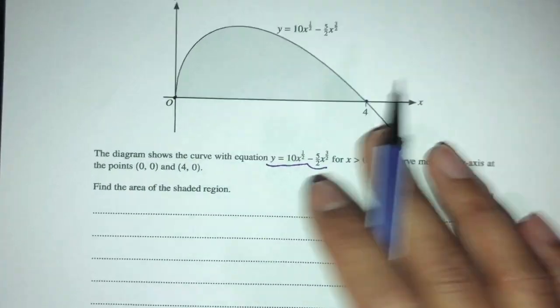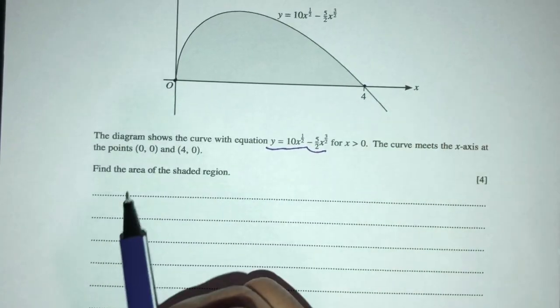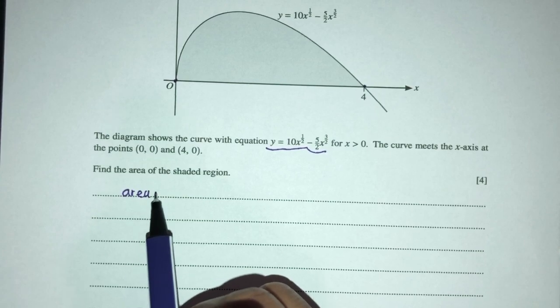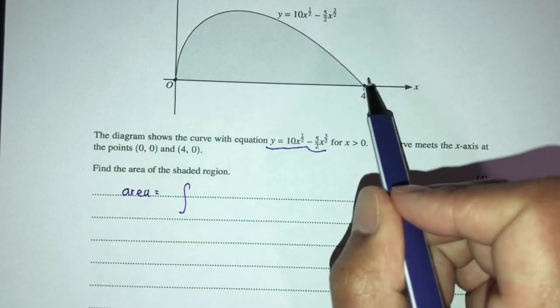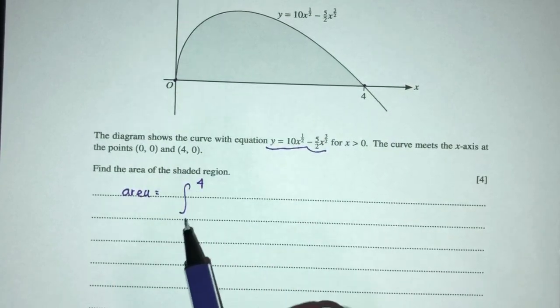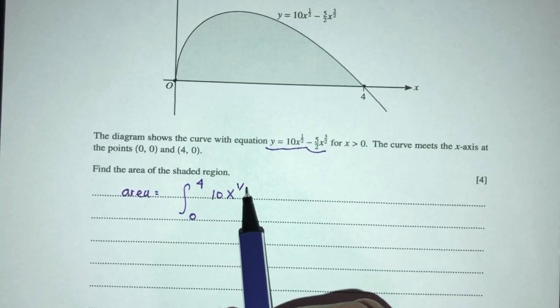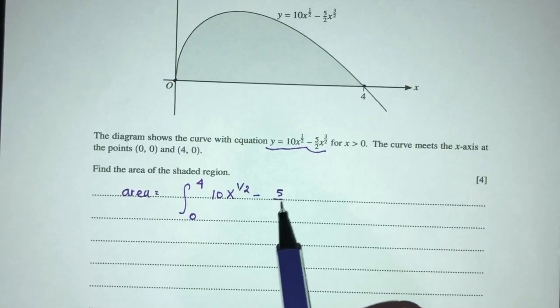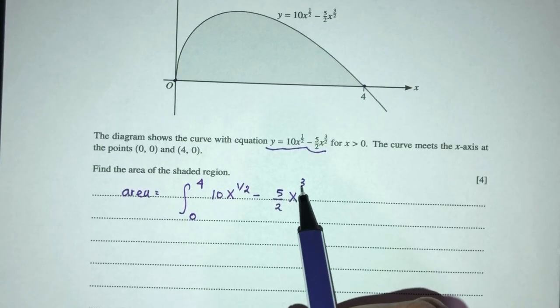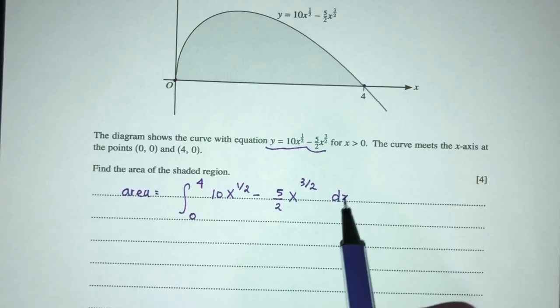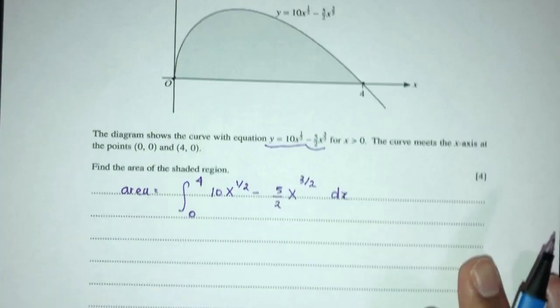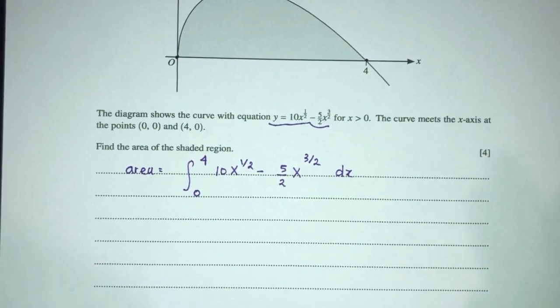So here you go, area. Integration, limits will be 4 and 0. And the equation will be 10 x power 1/2 minus 5 over 2 x power 3 over 2 dx, obviously. Let's see what happens. So again, one by one, you can take your time with this.